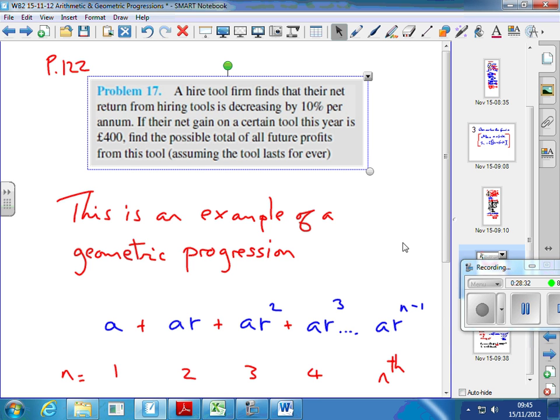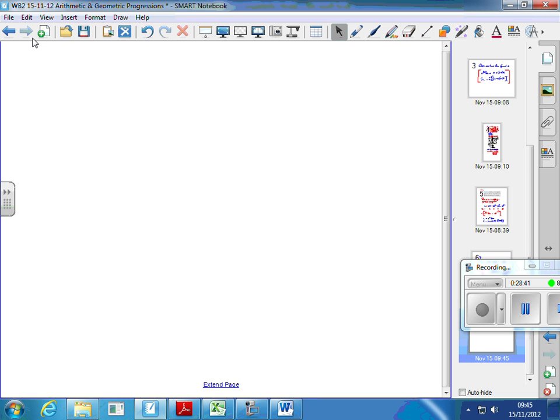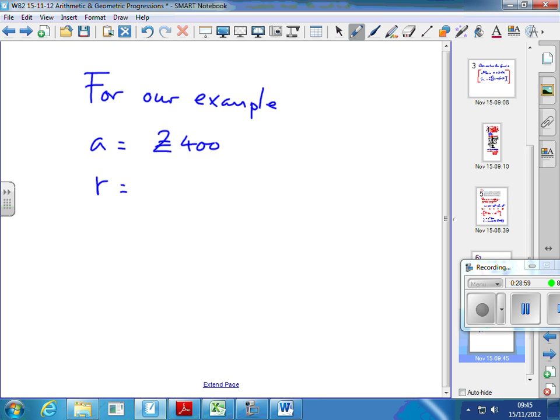So for our example, a equals £400, r is 0.9, which corresponds to a 10% decrease.